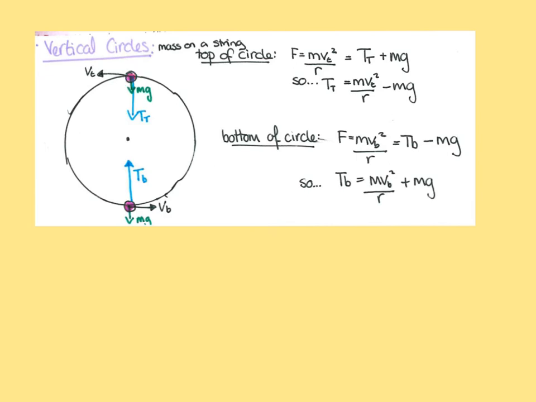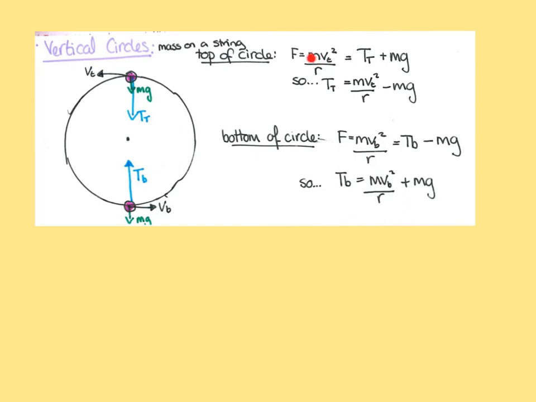At the top of the circle, we know that the centripetal force is equal to mv squared over r, and in this case it's Vt. So F equals m Vt squared over r, and we know that that centripetal force is the force acting towards the centre of the circle. In this case, that is tension from the top plus the weight, which is acting down towards the centre of the circle as well.